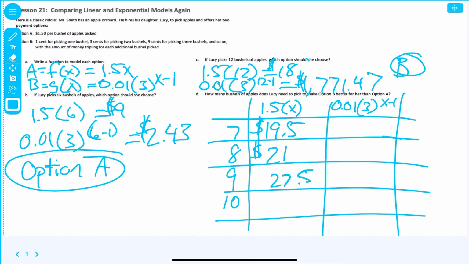All I'm doing is going up by $1.50 each time, right? Yes, Mr. Anderson, you are correct. You're so smart.